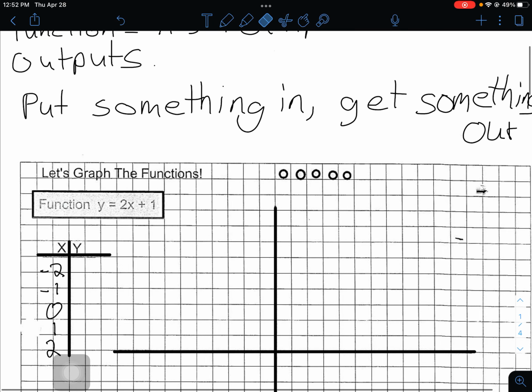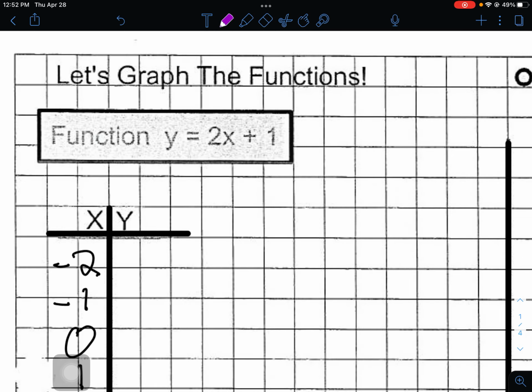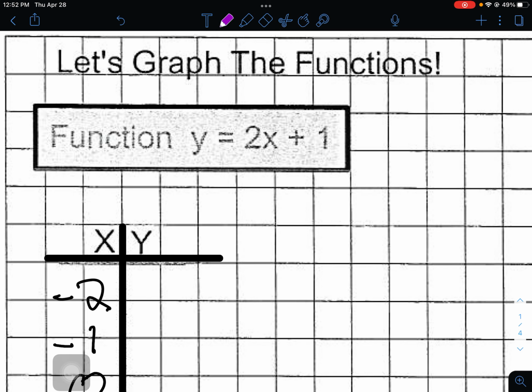All right, so what do they look like when you graph them out? If you remember from Thursday, when we did a function, we used f of x. It turns out you can just use a regular old y instead and have something that looks like y equals 2x plus 1.